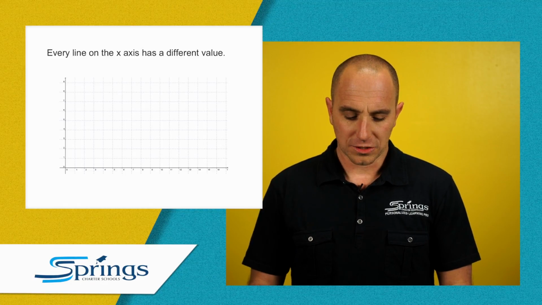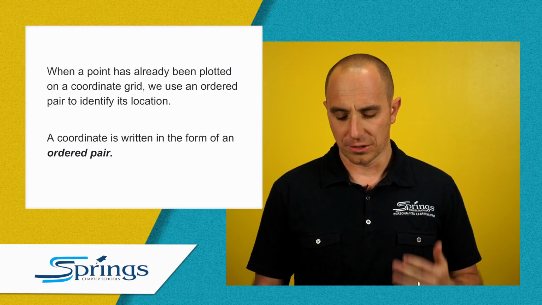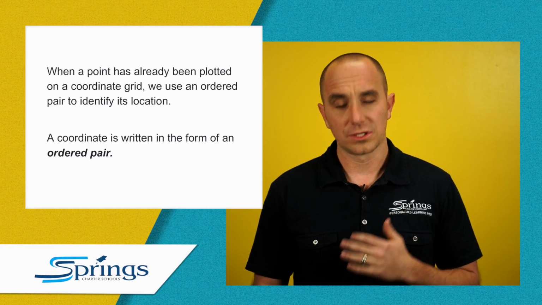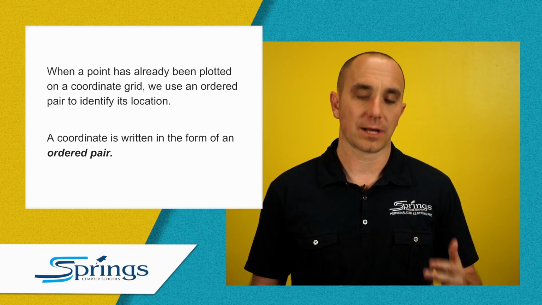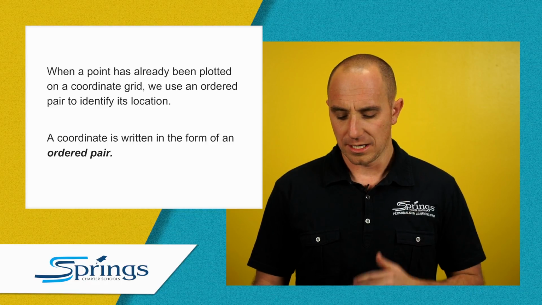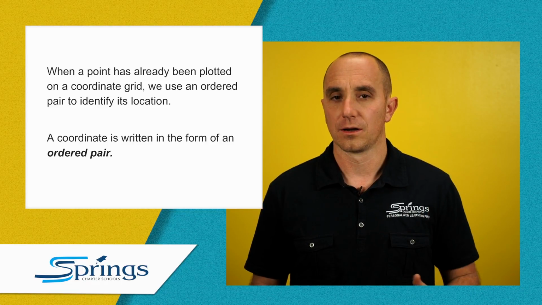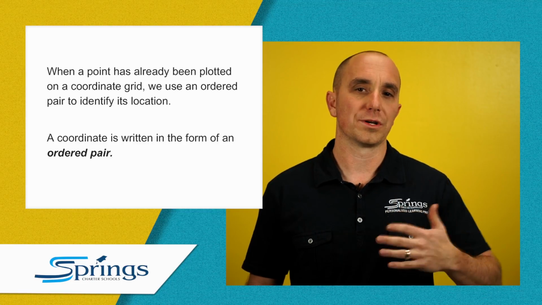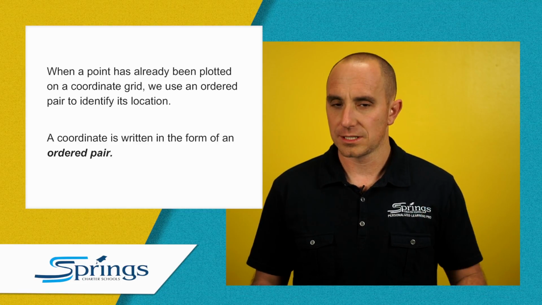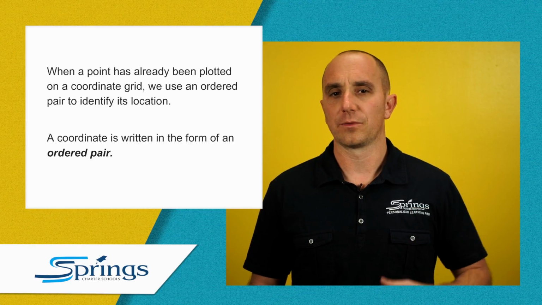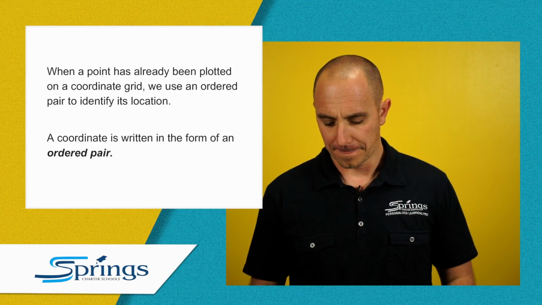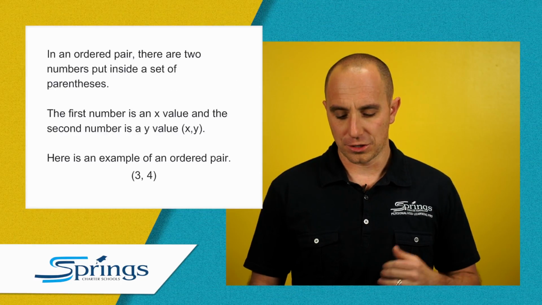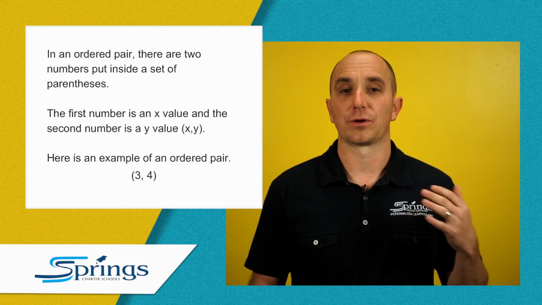When a point has already been plotted on a coordinate grid, we use an ordered pair to identify its location. A coordinate is written in the form of an ordered pair. We plot points on a coordinate grid using coordinates, and when we put them down there, we call them an ordered pair. In an ordered pair, there are two numbers put inside a set of parentheses.